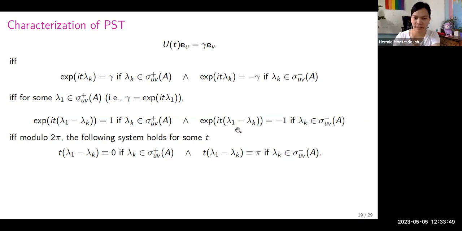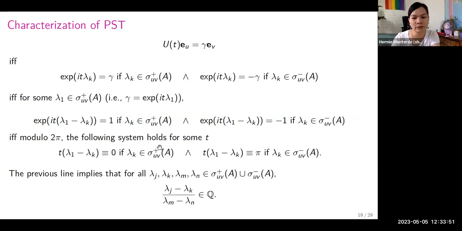And if you take a look closely, what happens if you divide this quantity with this quantity? Because this is basically just any integer multiple of 2 pi, and this is any odd multiple of pi. When you divide them, the t cancels, and you just get lambda 1 minus lambda k over lambda 1 minus lambda j. It turns out to be rational, because the pi's just cancel.